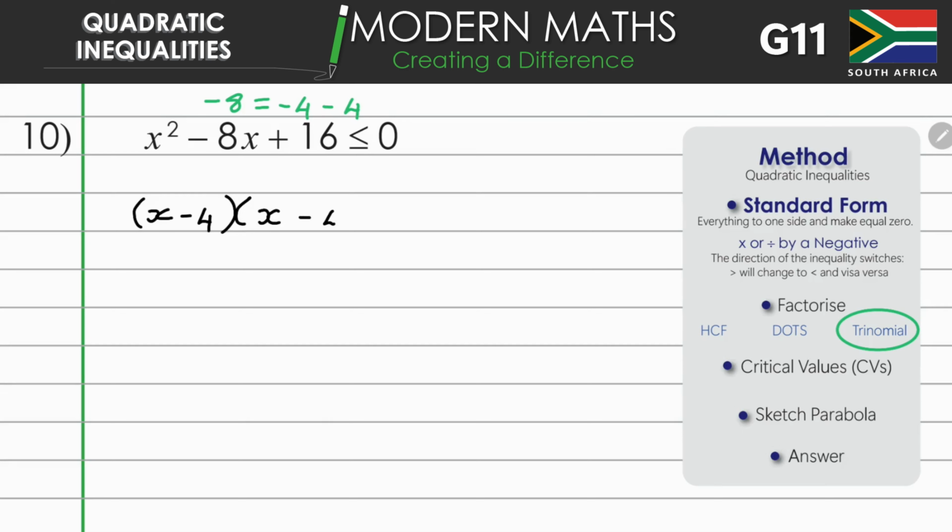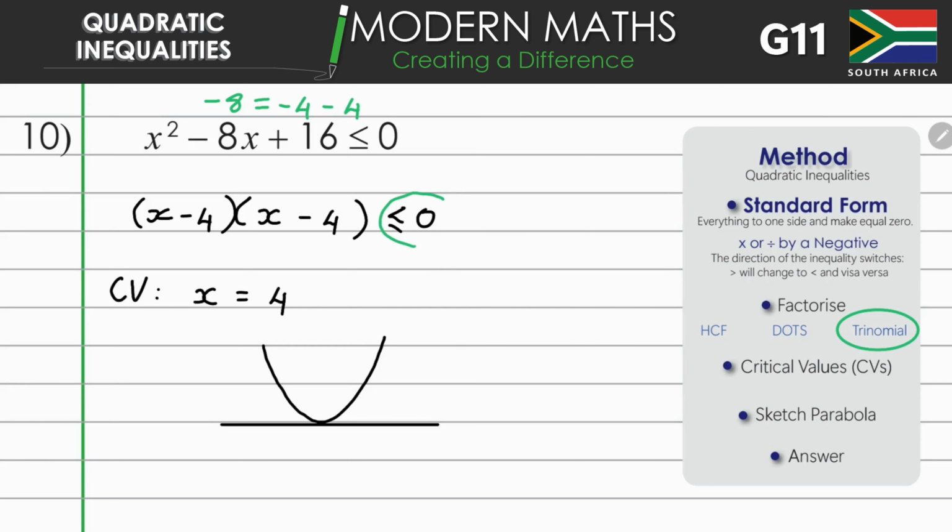Okay, so we can see we're getting one critical value, which will entail that the turning point of the parabola sits perfectly on the number line. So it's not going to go through the number line like we saw in the first 7 examples. It's going to sit perfectly on the number line like we've seen in the last 3 examples. So now, I've got my critical value at 4.